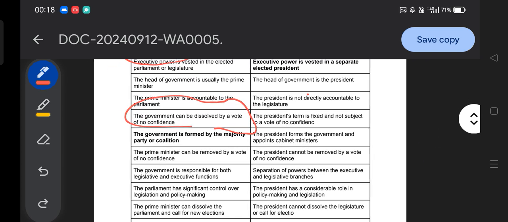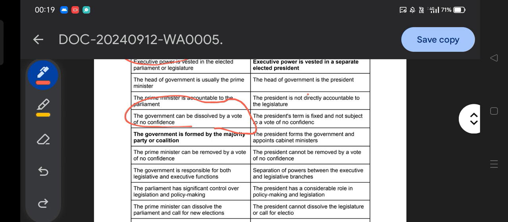Then, moving to the next, the government is formed by the majority party or coalitions. So I would like to ask one question. Currently, I am talking about the Indian government, not the Odisha government.